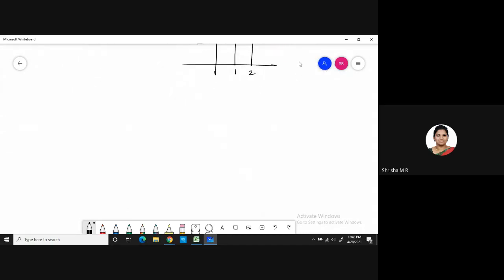So take down the next problem. Given x1 of t and x2 of t, this problem will involve all the operations. Given x1 of t and x2 of t, plot.